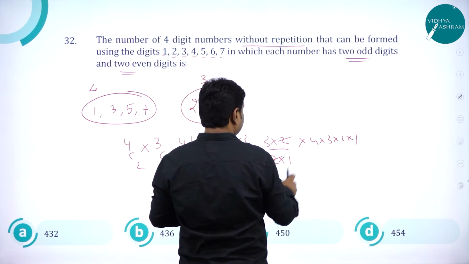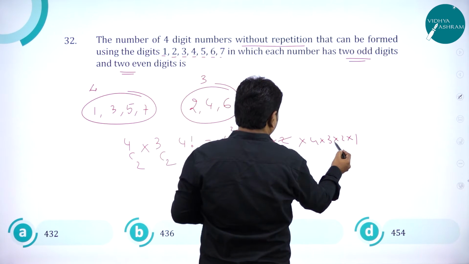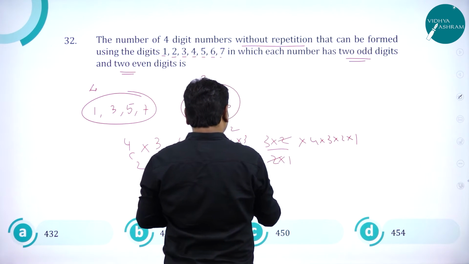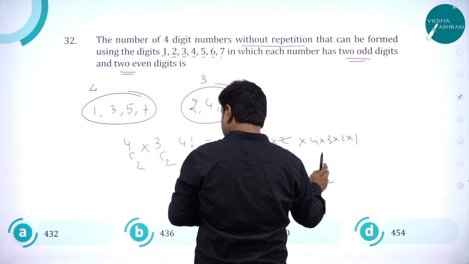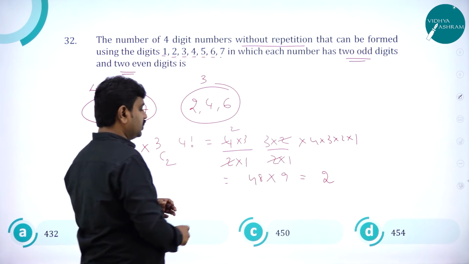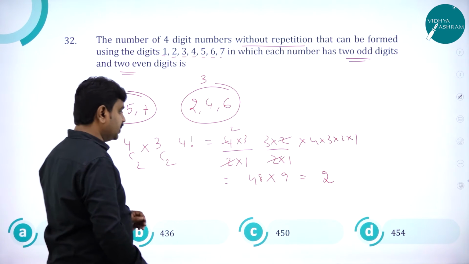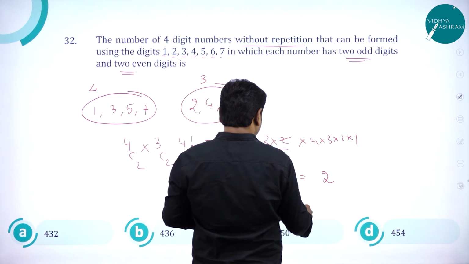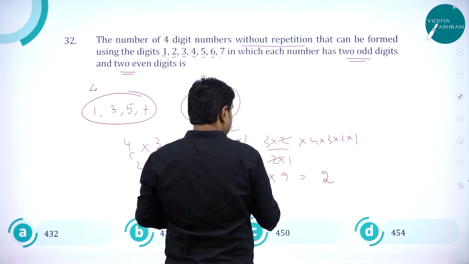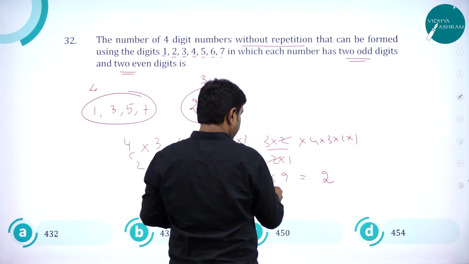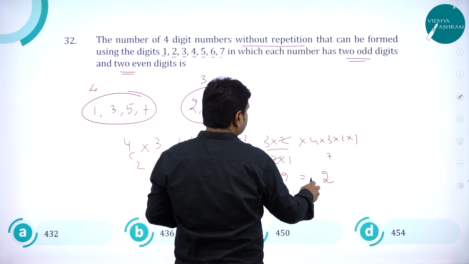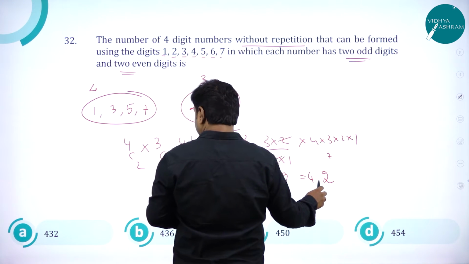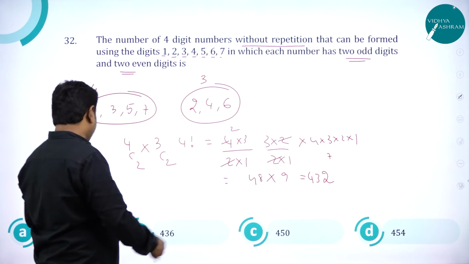The 2s cancel. 4 3s are 12, 12 into 2 is 24, 24 into 2 is 48. 48 into 3 is 144. The answer is 144.